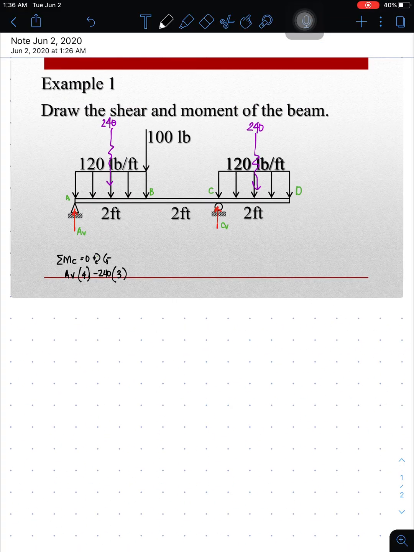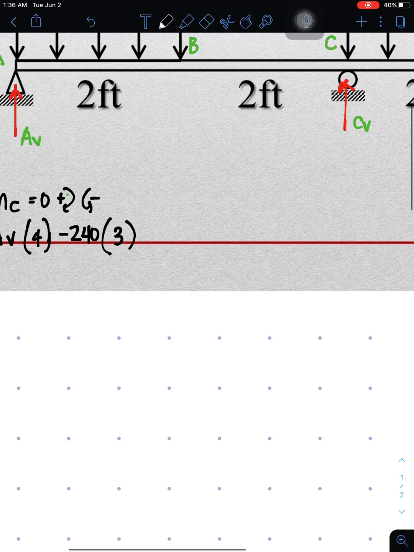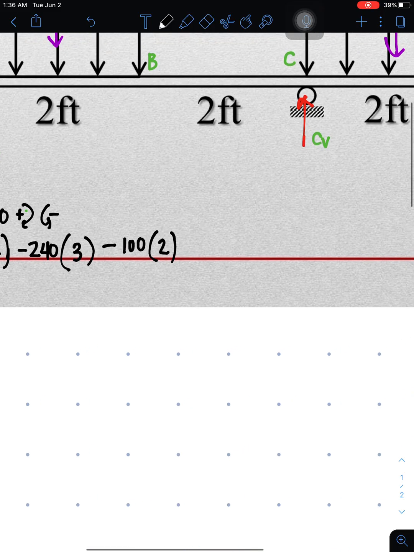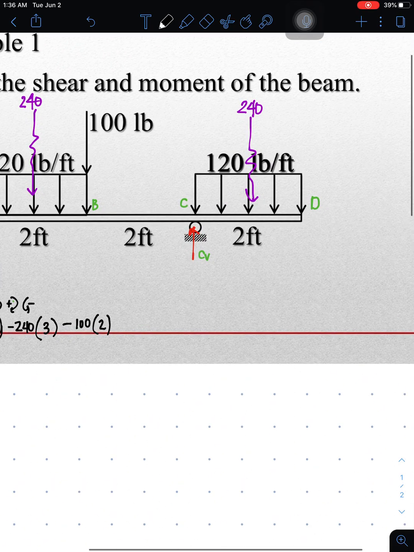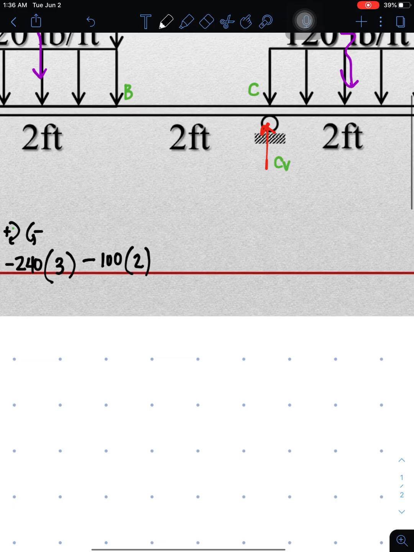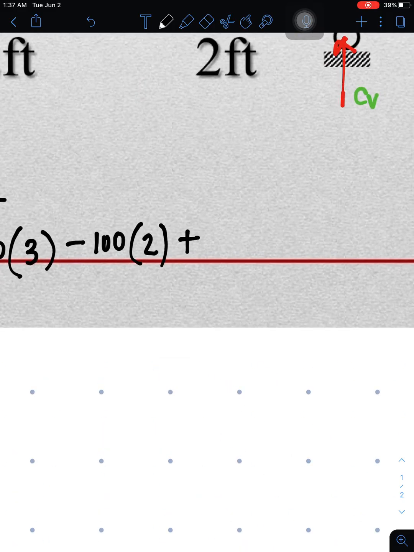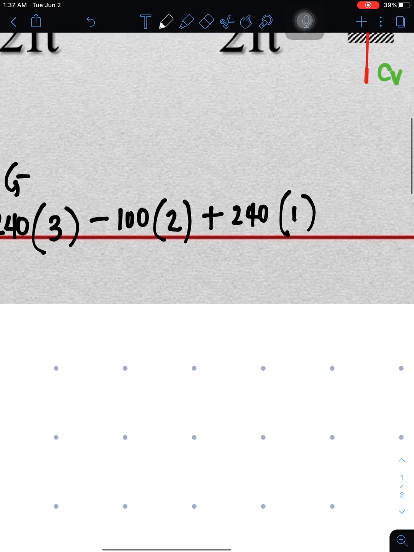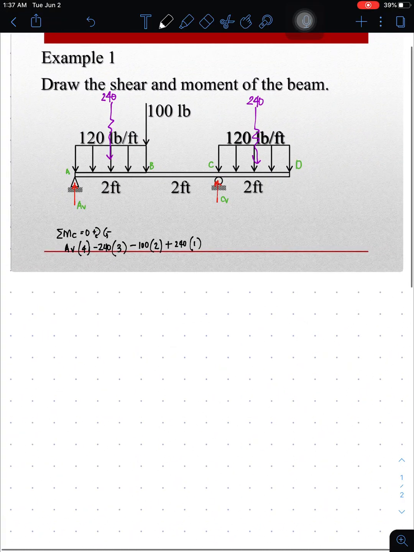And then we have this 100. So 100 times 2. It's counterclockwise. And for the last one, this 240, it's going to rotate clockwise, so plus 240, and the moment arm is 1/2 of 2, which is 1.